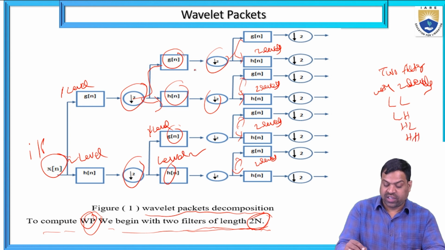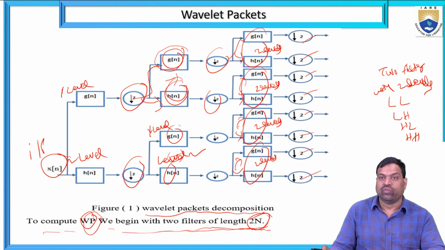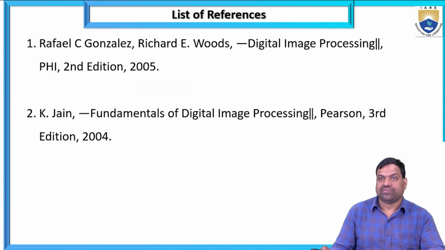That means we take G of n and H of n as one level, G of n and H of n again as another level, so two levels. Finally we get two level, two level, two level like this. So a two-level function with two filters, G of n and H of n. It is a best example for wavelet packets with two levels and a two-filter packet with length 2n.